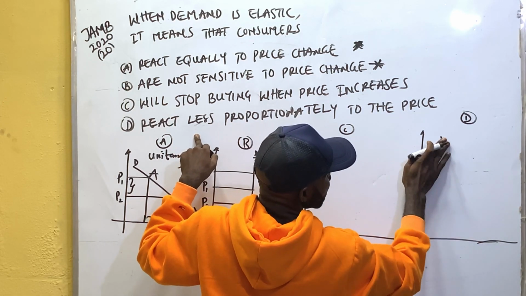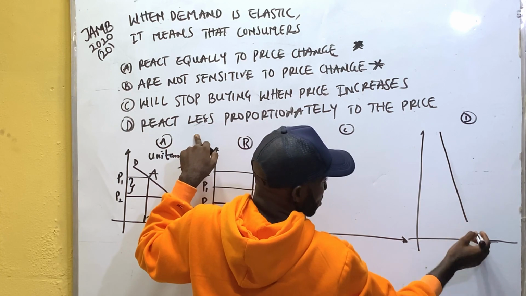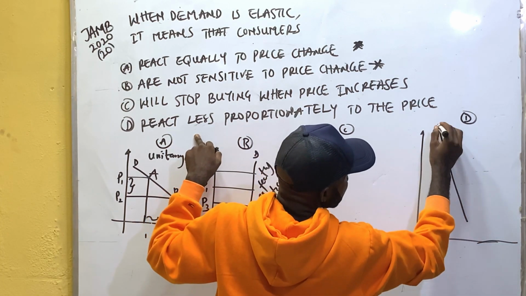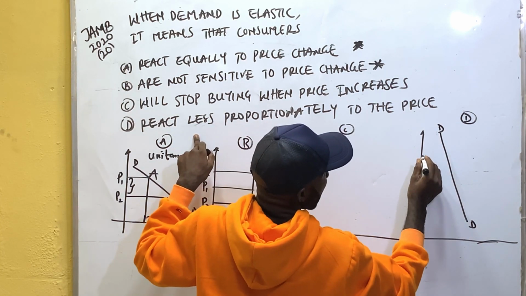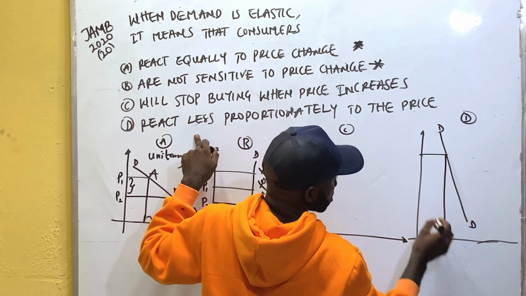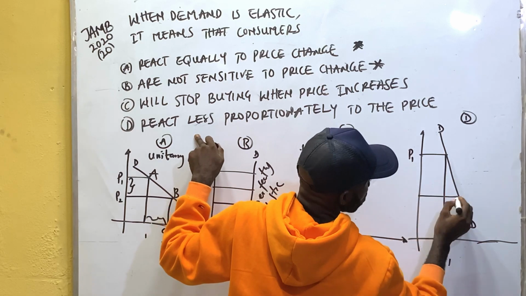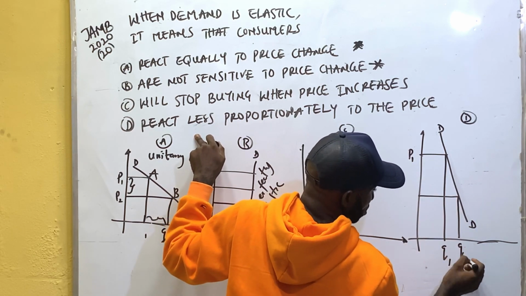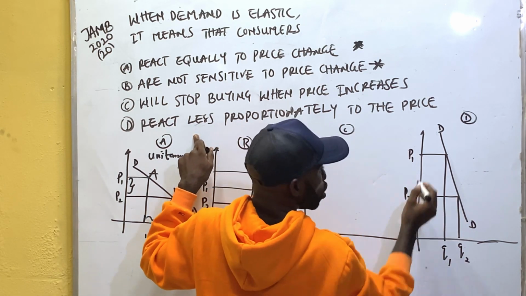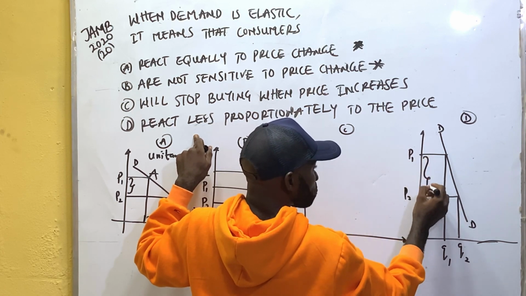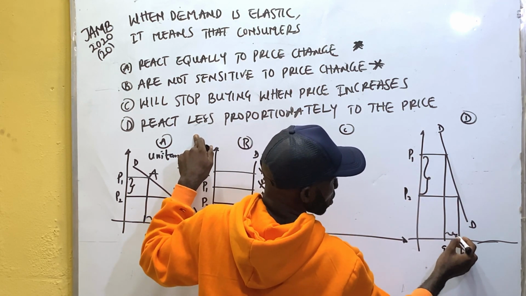Relatively or fairly inelastic demand has this nature. And it means that when price changes, P1 for example, Q1, look at the gap. This is Q2 and this is P2. The gap between price and quantity.